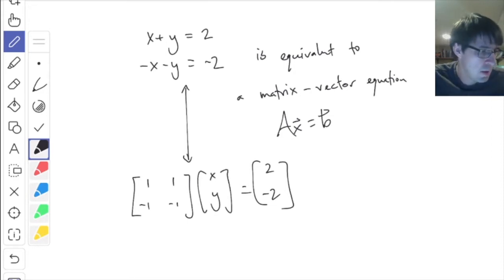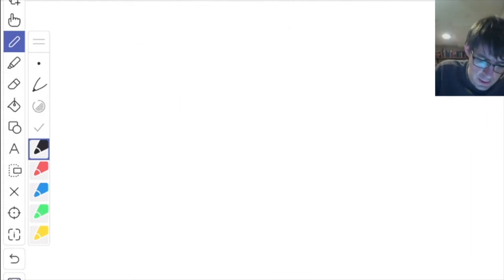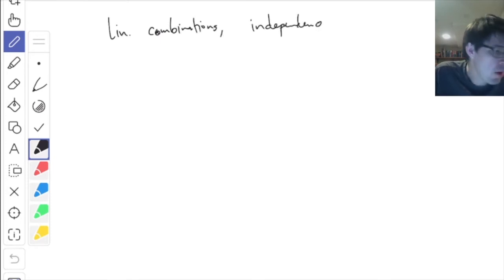All right. Okay, let's talk about linear combinations and linear dependence and independence. This is a major topic. Let's say something about this. How about linear combinations and independence? All right.